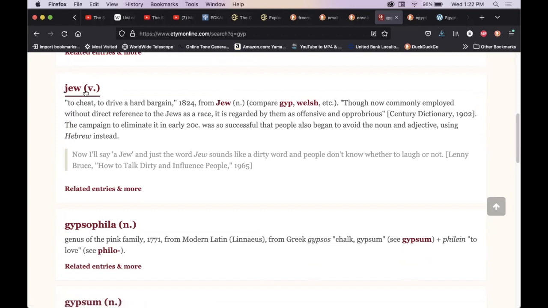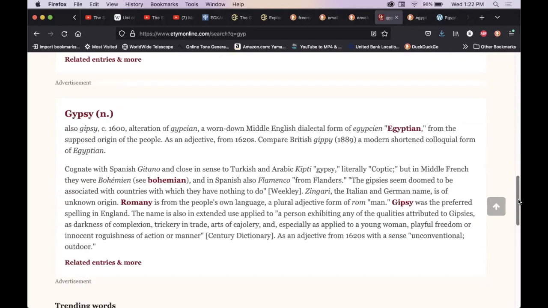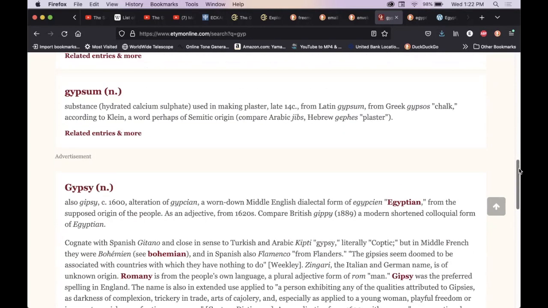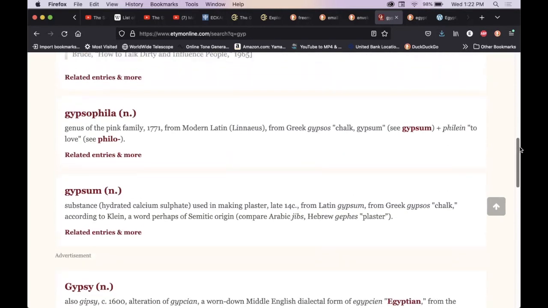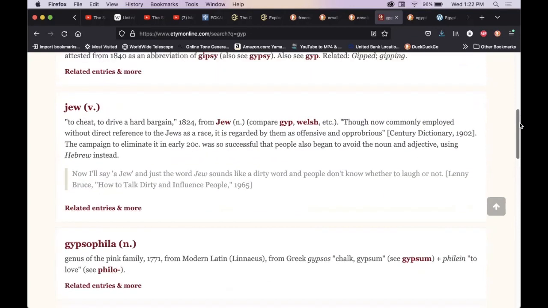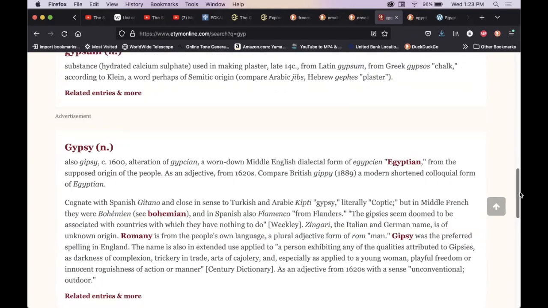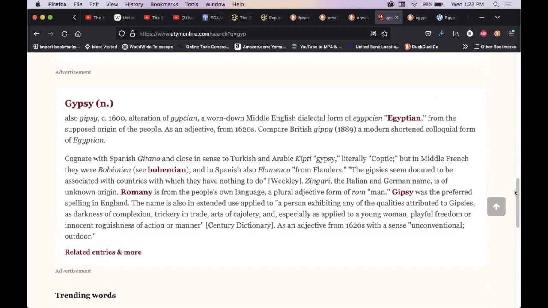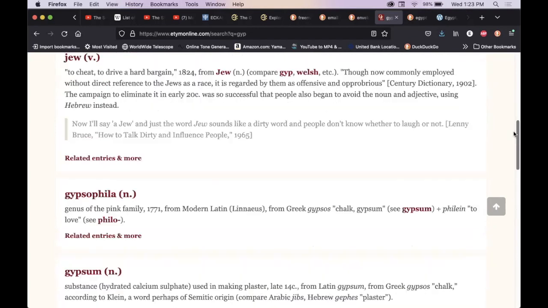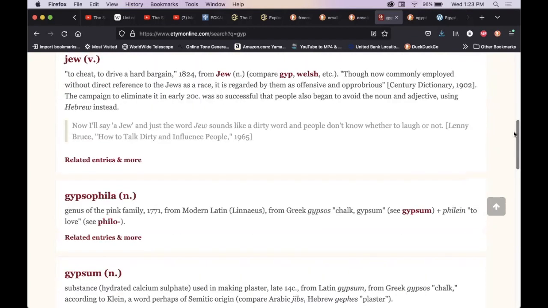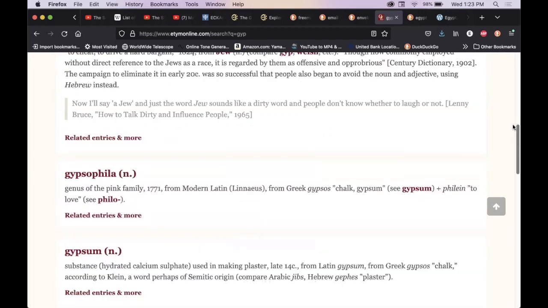So this could be Hugh, like the name Hugh. Here's gypsy. And so basically, gyp is also Hebrew, the word Hebrew. So that would be like all of these letters, they've changed everything to confuddle us and confuddle our minds. But we're catching up with them and their lies.